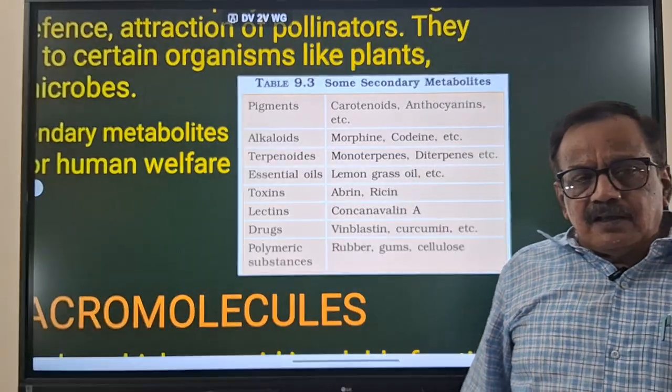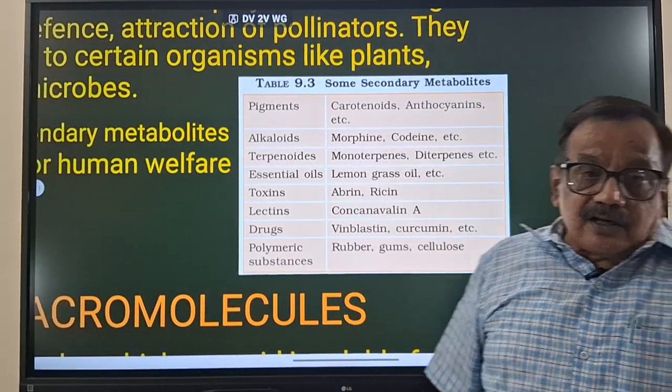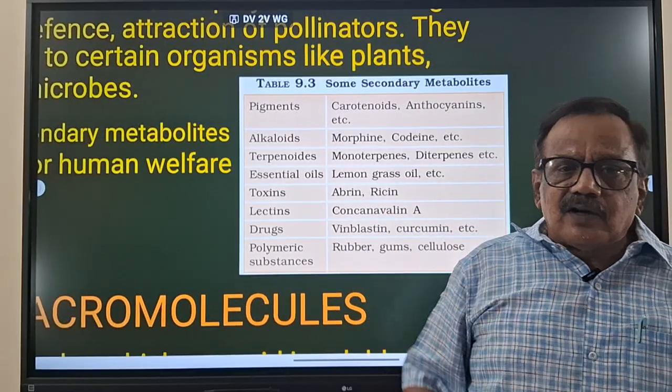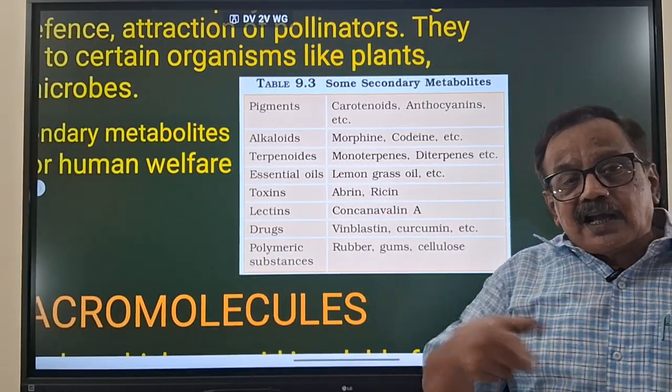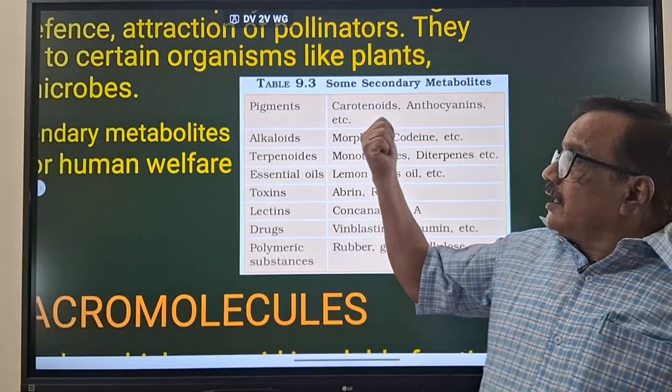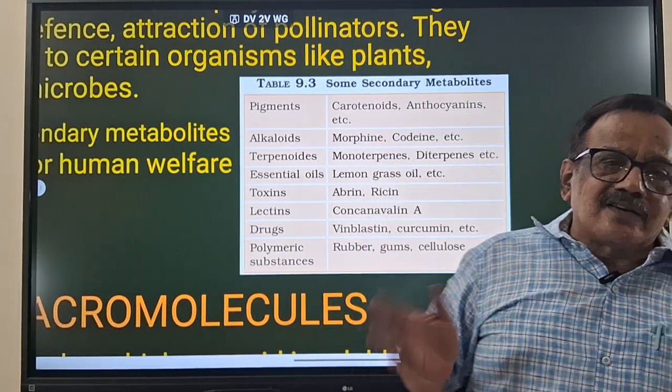Remember it. And next, carotenoids also. Without these carotenoids and anthocyanins, the plant will still work, but they give color for attracting the pollinators, and they also work as a defense against ultraviolet rays.